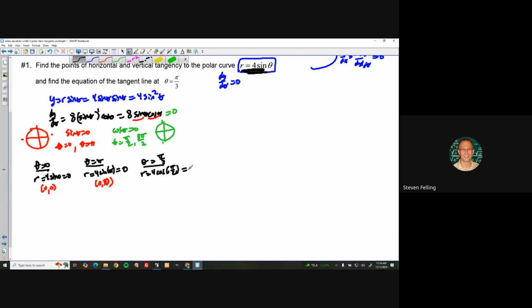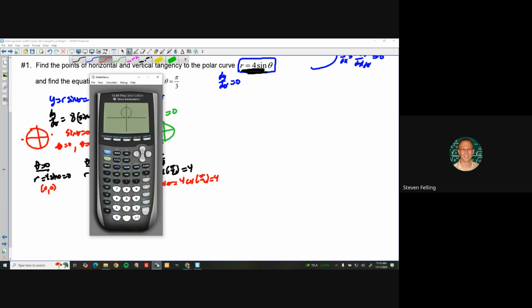Cosine of pi over 2 is 1, so that is 4. So I will have to actually figure out the x and y here. This is r cosine theta. The r is 4. The cosine is pi over 2. Let's just double check here real quick. There's the graph.